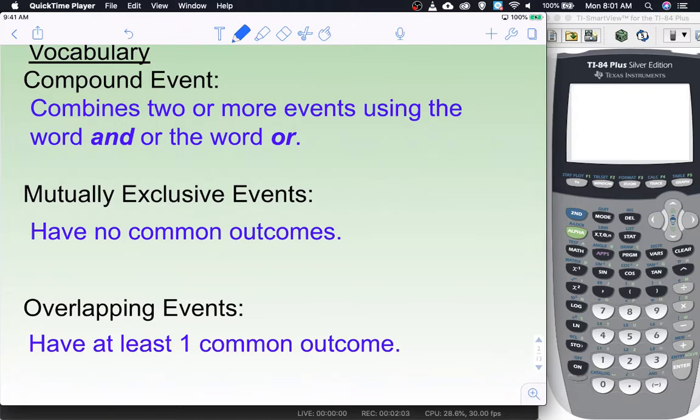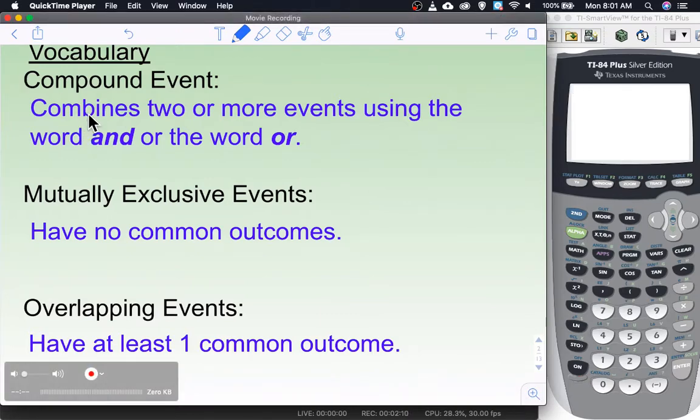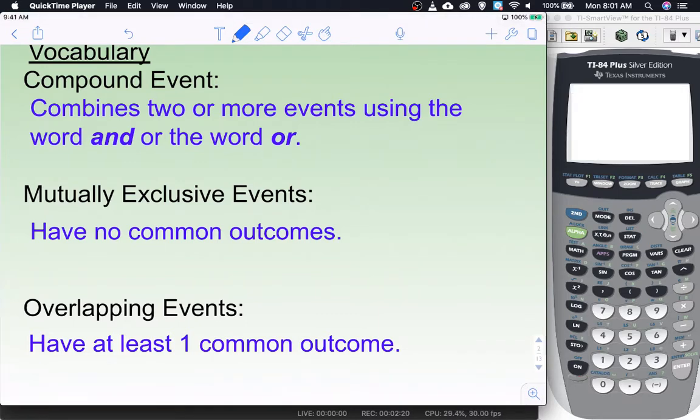You know, like if you do construction and there's a wing here and they add a new wing there and they add another piece there, that could be considered a compound. So a compound event combines 2 or more events using the word and or or. That kind of rings a bell, doesn't it? Back in inequalities, we had and inequalities and or inequalities. It's kind of like that.